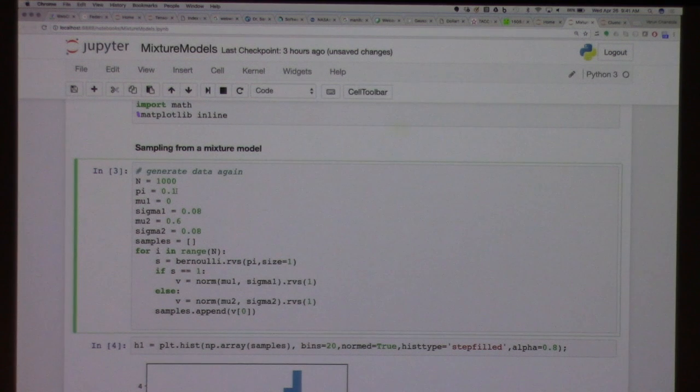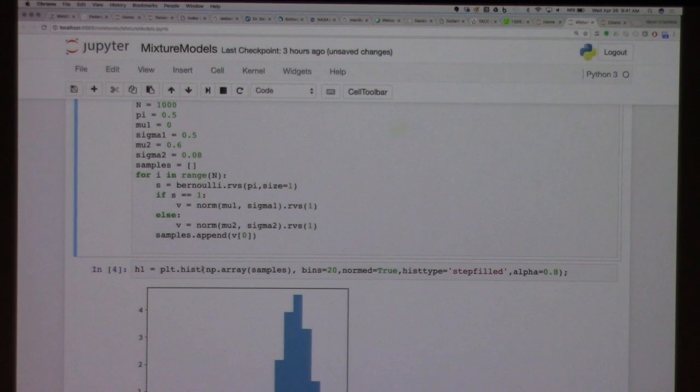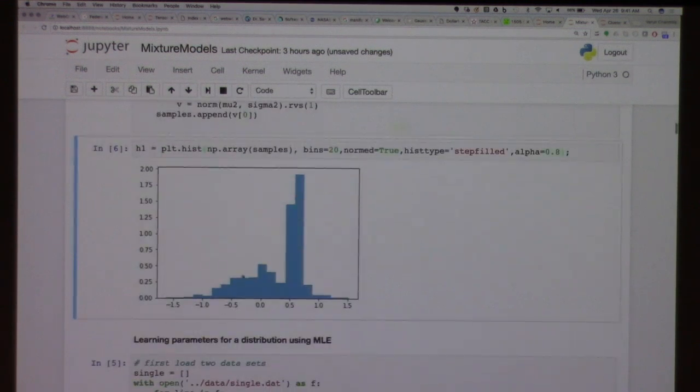And if I change the individual parameters, say I make sigma 1 to be 0.5, a little larger variance, you'll see that my first component becomes a little fatter and the second one is still slender. So that is how the generative process works.